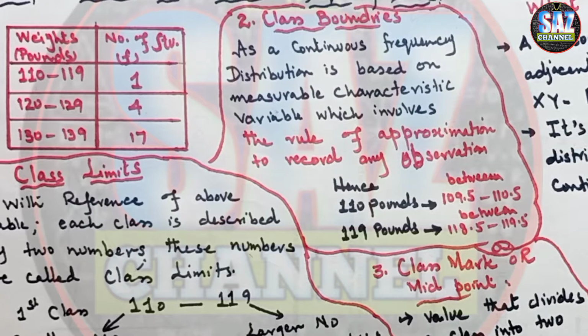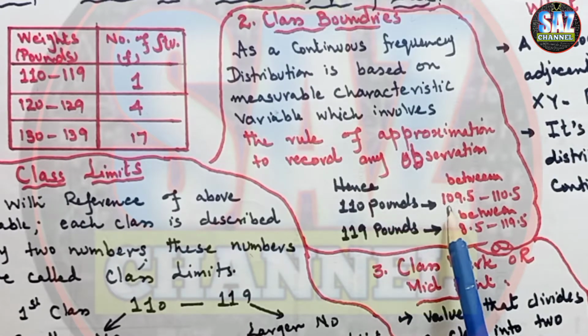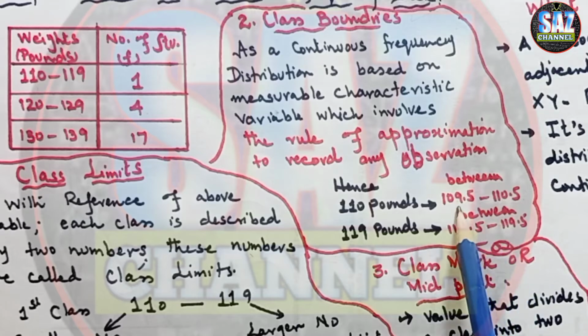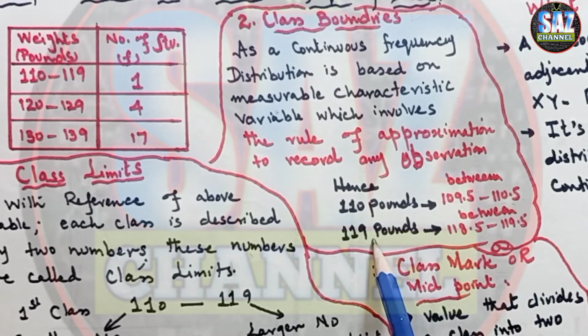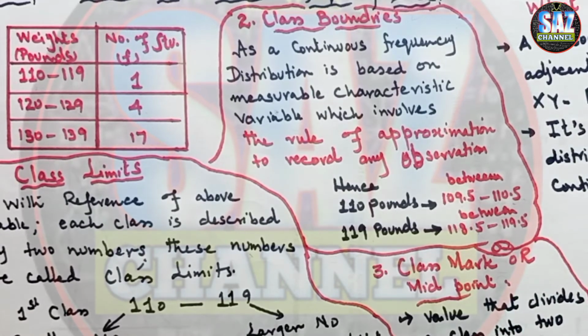It means if we talk about 110 pounds, according to the rule of approximation, it can be 109.5 to 110.5. So all the numbers starting from 109.5 or before 110.5 can come in this group, and the same for 118.5 to 119.5. So in class boundaries we make the data continuous.